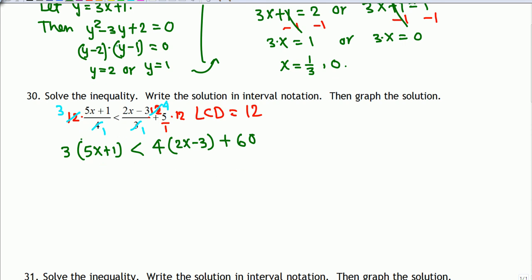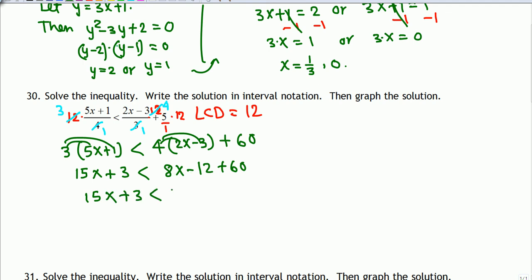Let's simplify. Distribute 3, distribute 4: 15x + 3 < 8x − 12 + 60. The like terms −12 and 60 give 48.